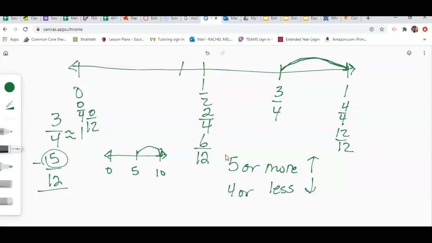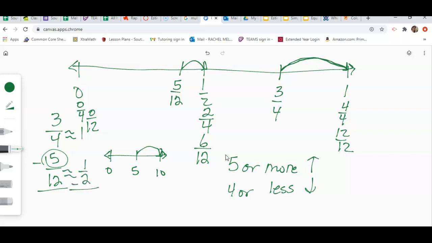I would say the 5 goes about right here. Okay, so that is closest to a half because it's only 1 piece away, whereas from 0, it's 5 pieces away. Okay, so we would round this one to a half.